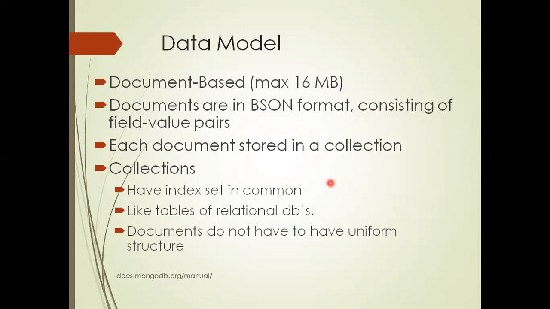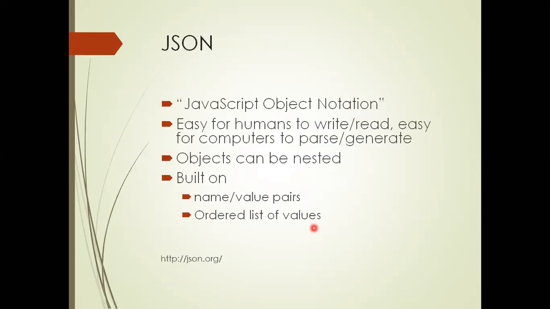Each document is stored in a collection, and a collection is a set of documents. Collections have an index set in common, just like tables of a relational database. Documents don't have any uniform structure. We can use different structures for different documents.